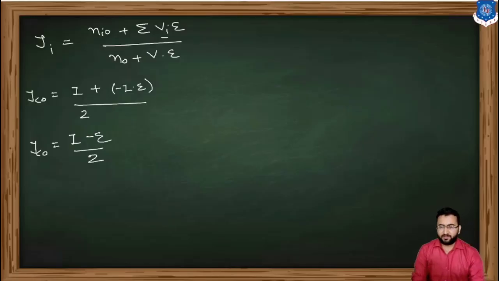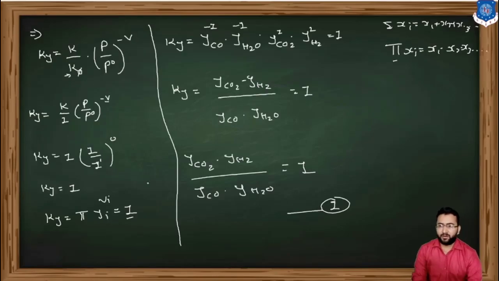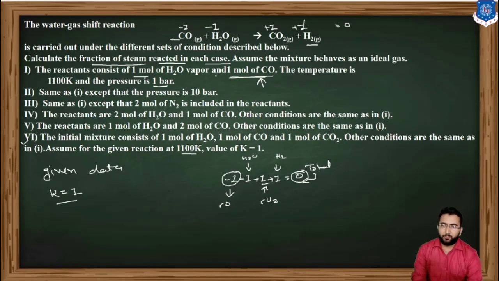Let's first find it for H2O. Similarly, we can find for H2O, 1 minus epsilon upon 2. Similarly for CO2, that can be given by epsilon by 2, because there is no given mole of CO2. Okay.